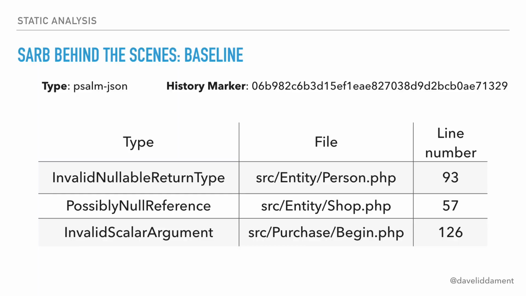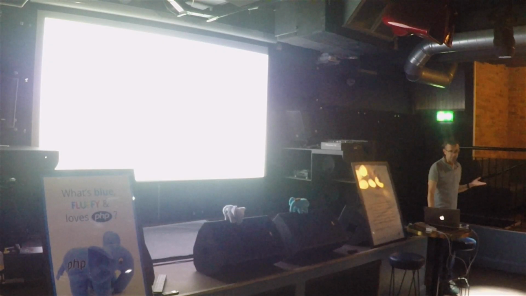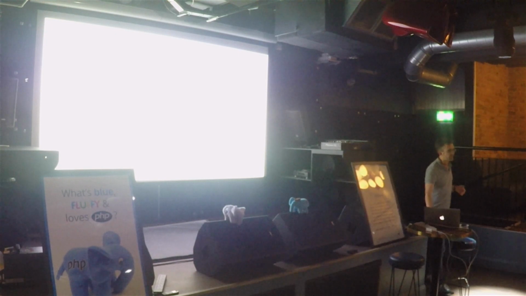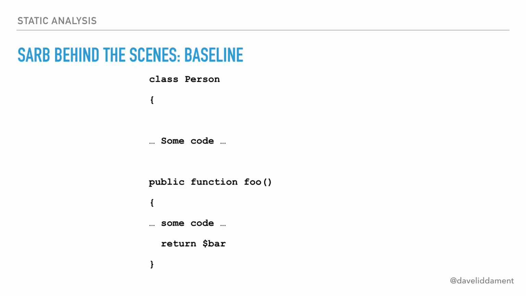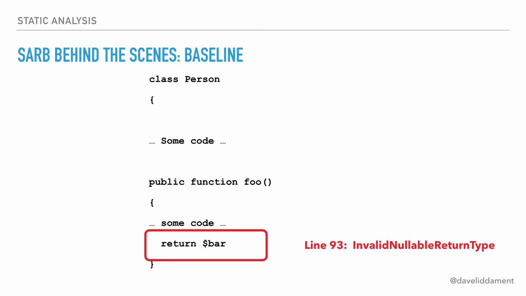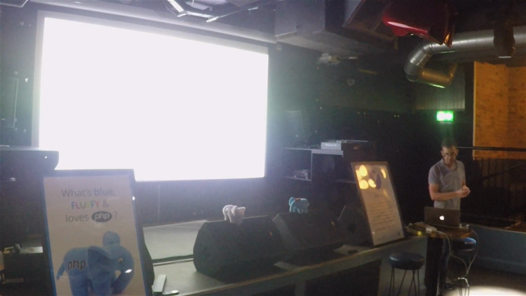Well, what SARB does is it looks at the baseline, and for every vulnerability, it records what's its type, and where's its location, what file and line number is it in. So let's say we've got these 3 issues it finds. And then this is my code, and let's say I've got some issue here. At line 93, it's an invalid nullable return type.